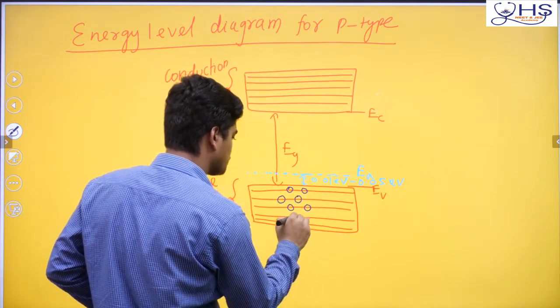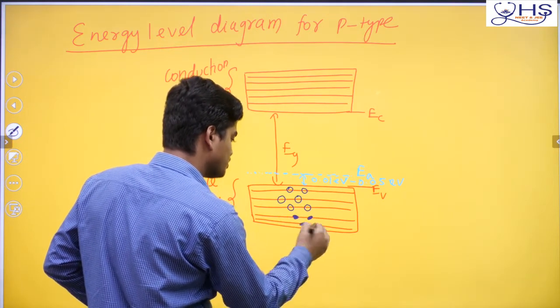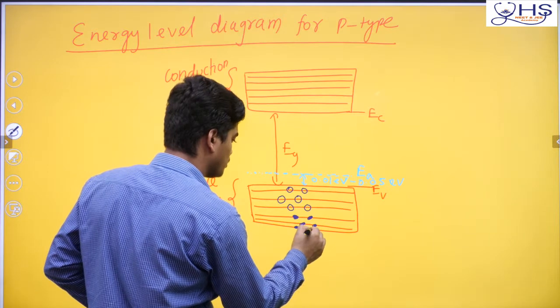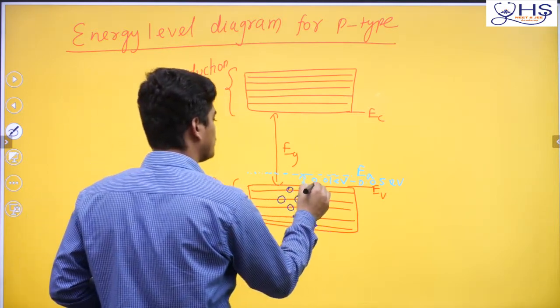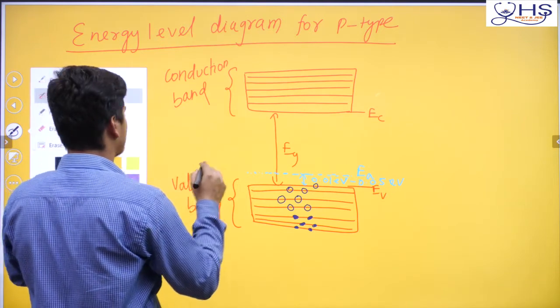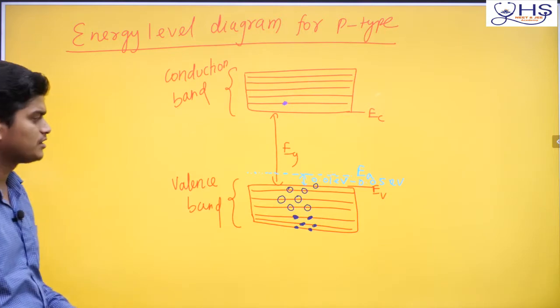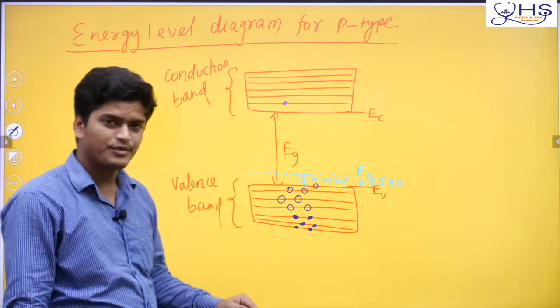But this inner electron cannot go, it is very difficult. Don't put that many electrons here. Why is this hole forming? Because some electrons are there.